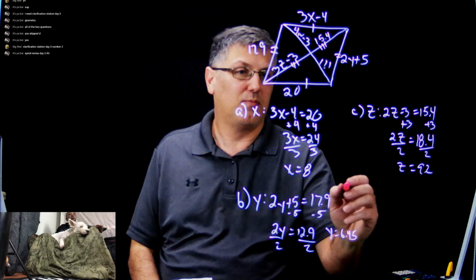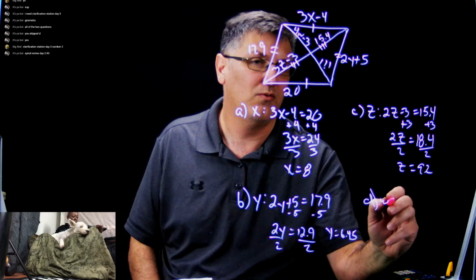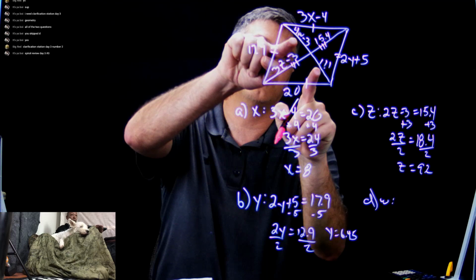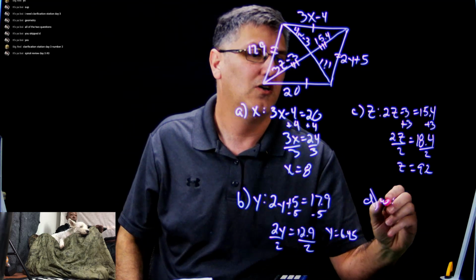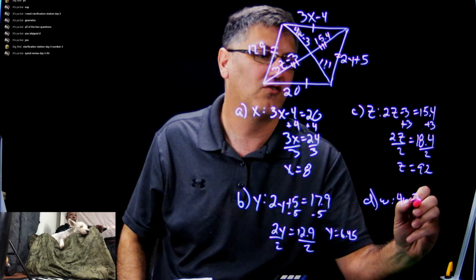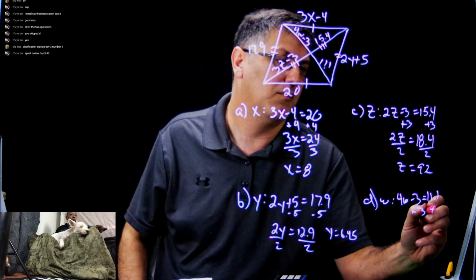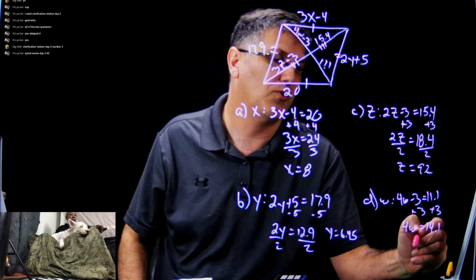Last but not least was D. D asked to solve for w. Right here, these two are going to be congruent because the diagonals bisect each other. Congruent is going to lead to an equal sign. So I'm going to get 4w minus 3 equals 11.1. Add 3 to both sides. I have 4w equals 14.1.